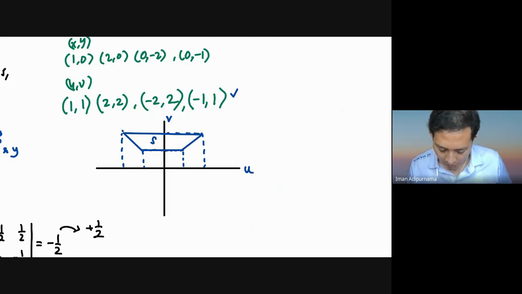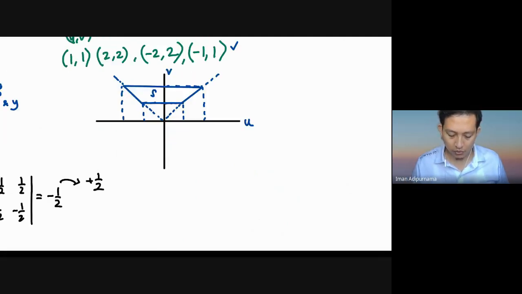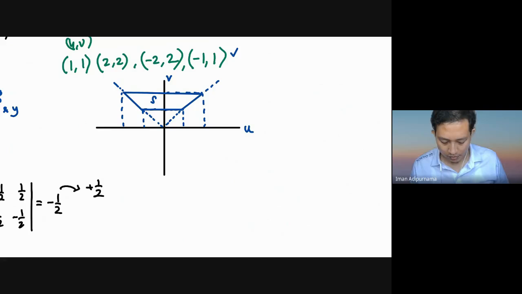Okay, and here you have also the line equations, right? So it depends on which one you prefer, du or dv, for your double integral. So let me write. This is double integral over R of x plus y divided by x minus y, and then dA.